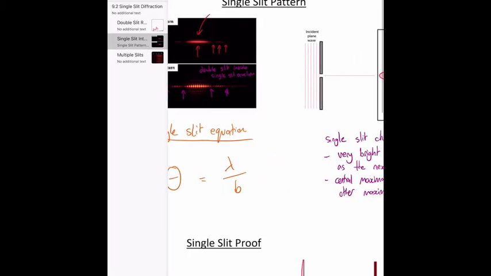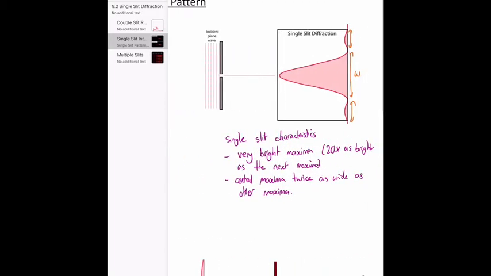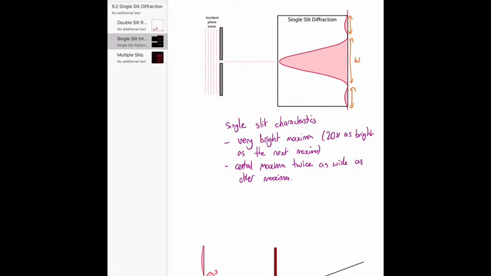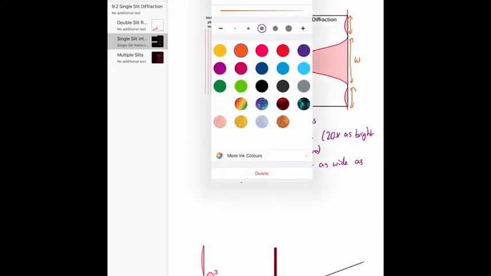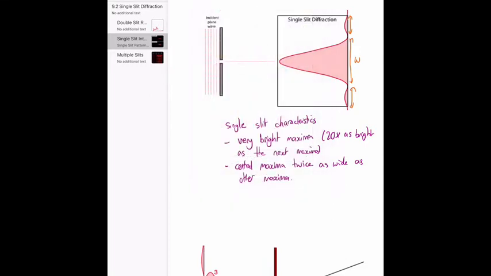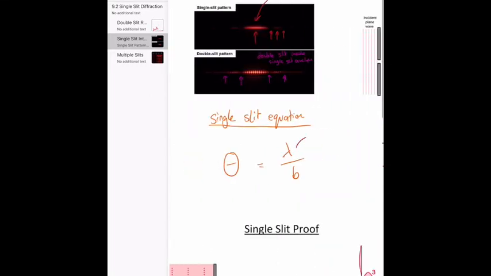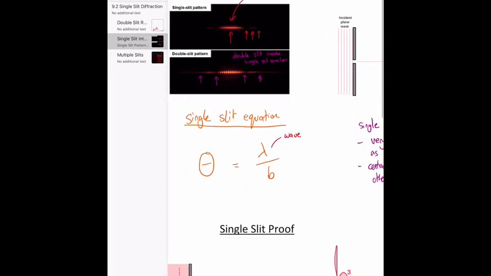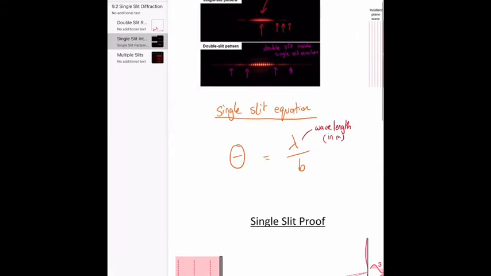Okay. So firstly, we know that lambda is going to be the wavelength of our initial source, again in meters. Now theta, what's that going to be?